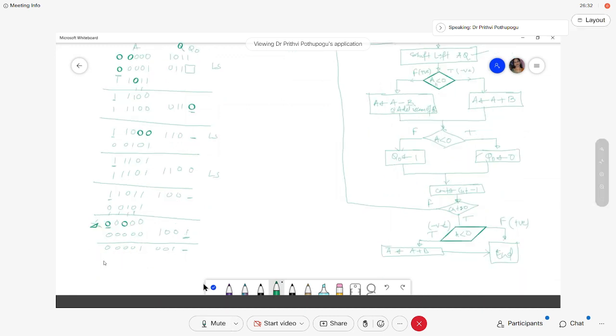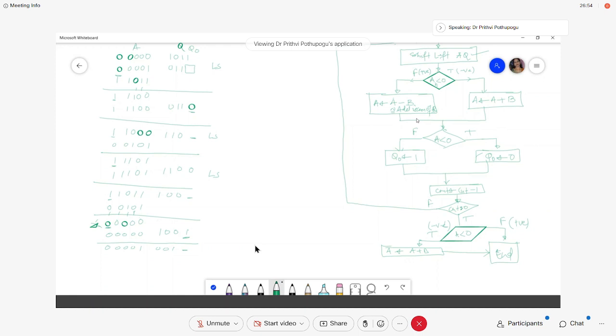A plus B or... no. Positive means minus. Here, positive means it should be minus. I'm not taking the final thing. Still one more iteration is needed, not this step. This step we are at.